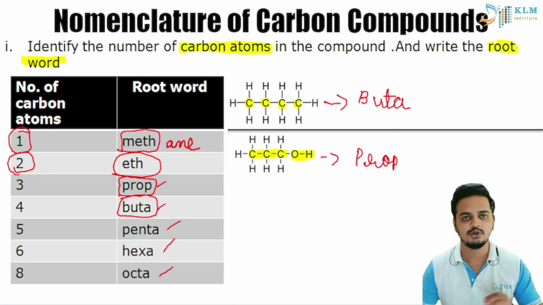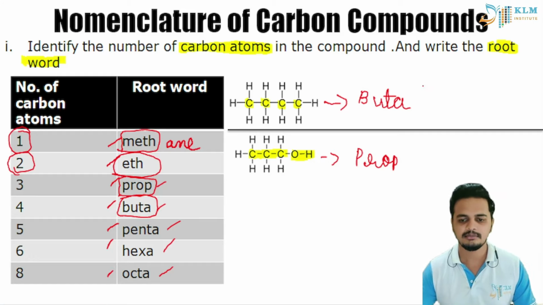So for meth, we add ANE and it becomes methane, ethane, propane, butane, pentane, hexane and octane. So it becomes butane. The compound is ready. Now you can see that it is butane, and if you name this propane, you are probably wrong.